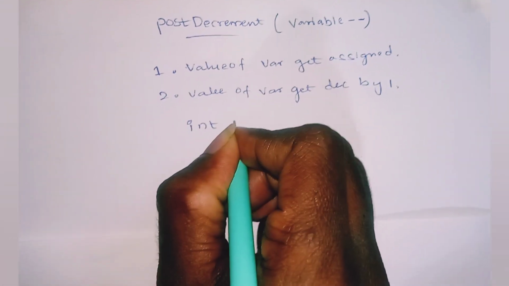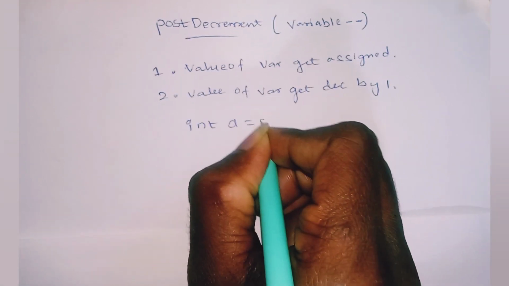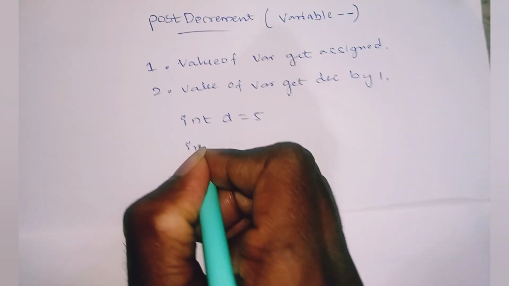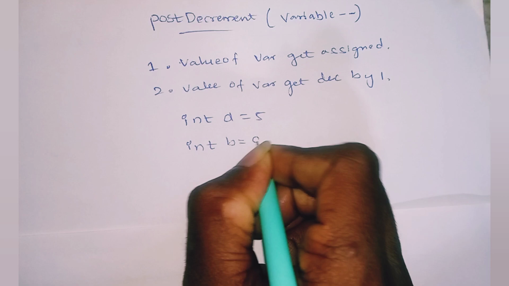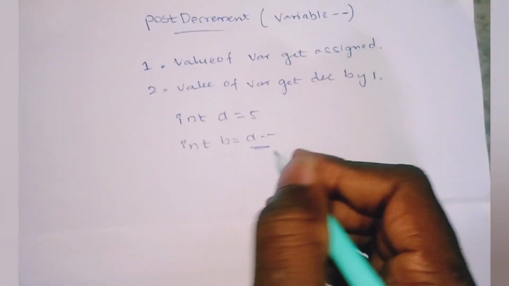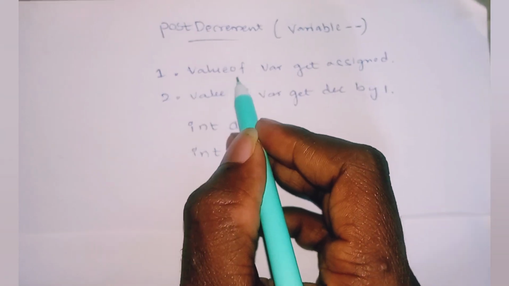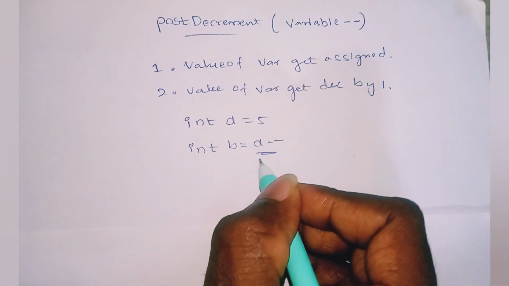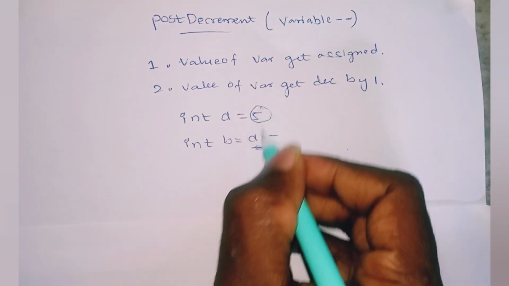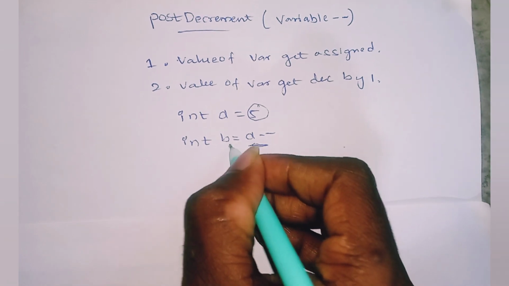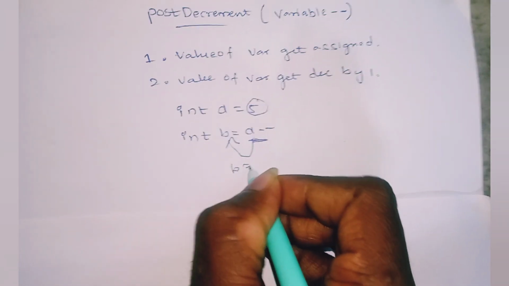Suppose we take a variable of type int a equals 5 and int b equals a minus minus, which is the post-decrement operator. As I said, the first step is the value of a variable gets assigned. Here the value of a is 5, right? So this a value gets assigned to the b variable. So b becomes 5.